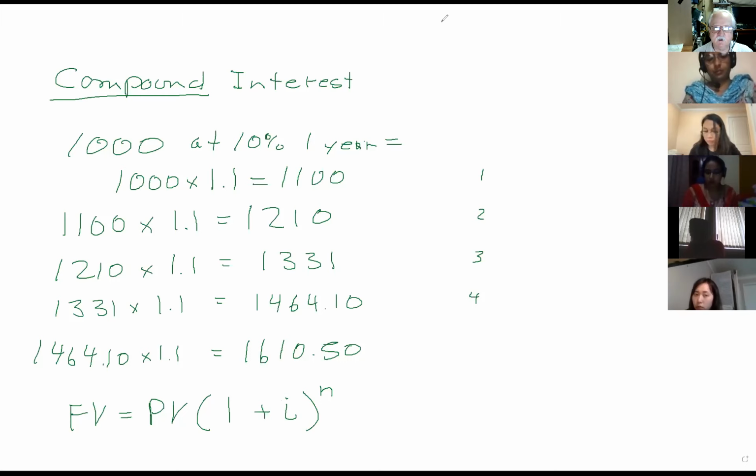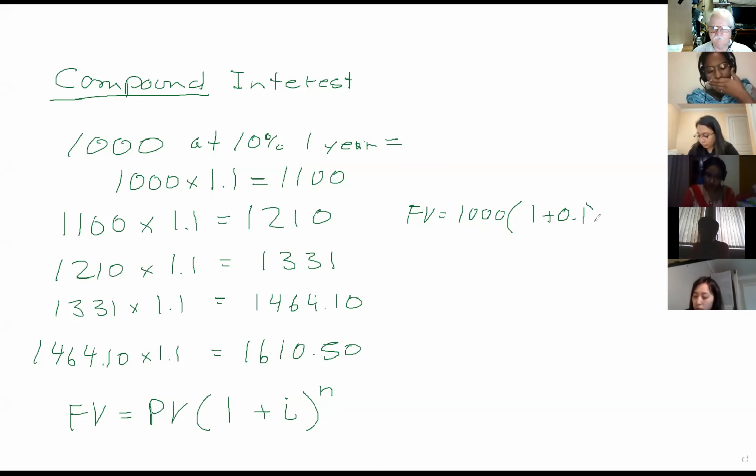So let's try this over here and see if it actually worked, because we went 5 times. Future value equals 1,000 was the original investment, 1 plus i was 10%, so 1.1.